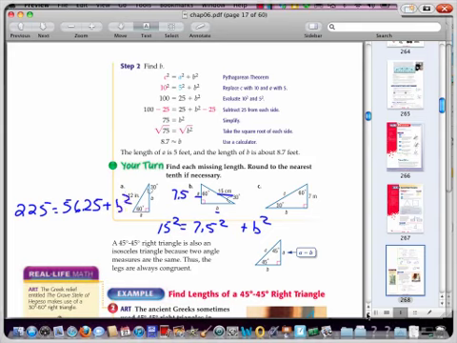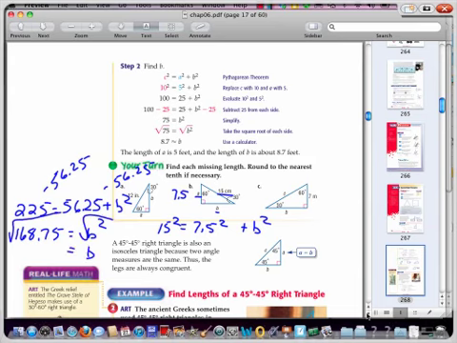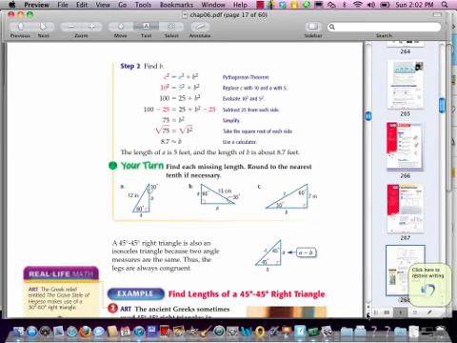And if I subtract 56.25 from both sides, we get 168.75 equal to B squared. Take the square root of both sides, and B equals 12.99, so probably 13 is what I rounded off to. 13 for B.